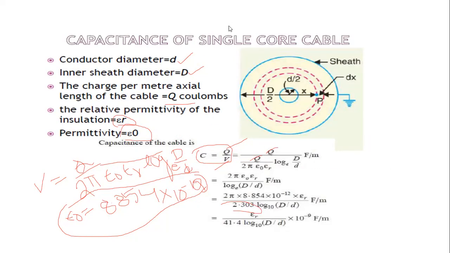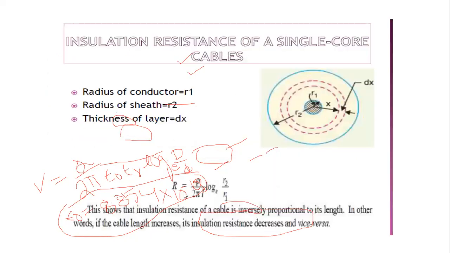This is the formula for calculating the capacitance of a single core cable: epsilon r by 41.4 into log base 10 D by d into 10 power minus 9. And what is the resistance formula?